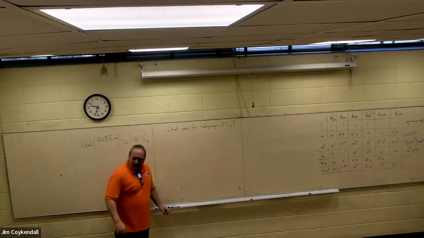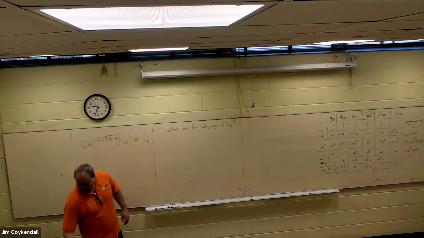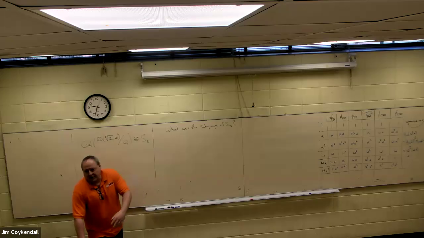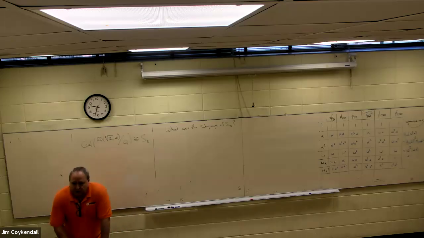This problem, I hope we can all agree, is a much more sane problem, because S3 is a group with 6 elements. I mean, there's only finitely many subsets, and very few of those are actually subgroups. So I know for sure there's only finitely many subgroups of S3, right?